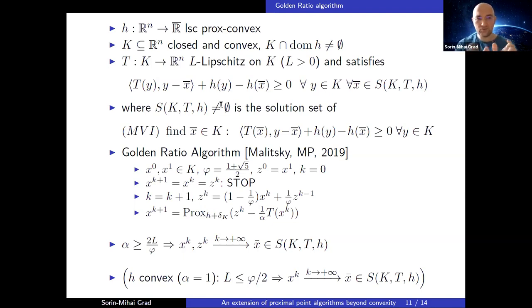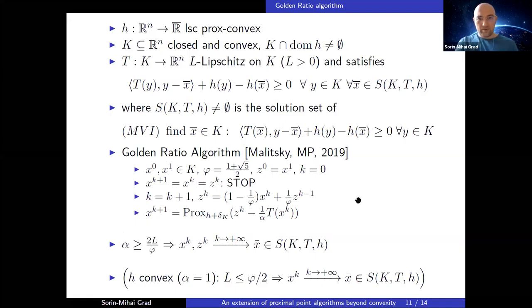If we assume these two functions to be prox-convex, then we can add here a lambda, so step sizes, and the algorithm remains convergent under the same hypothesis. And I think lambda should play also here a role. Is lambda alpha greater than or equal to this guy?